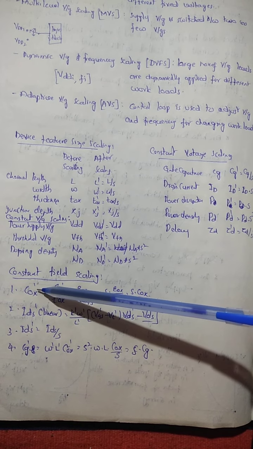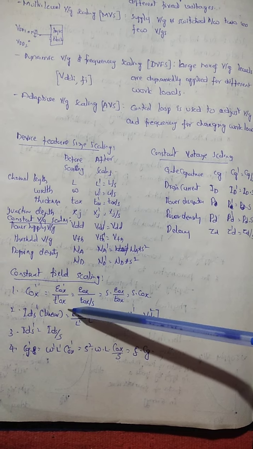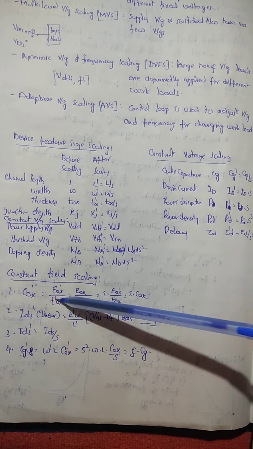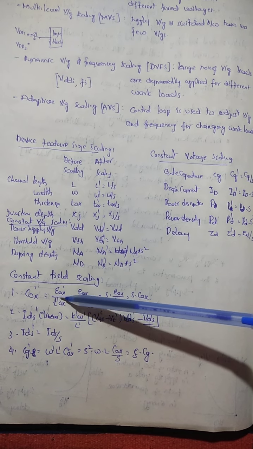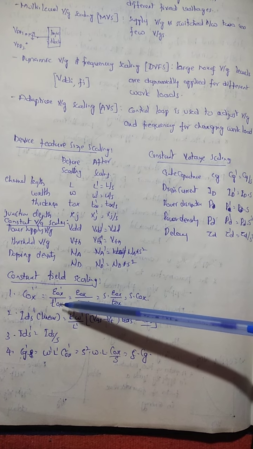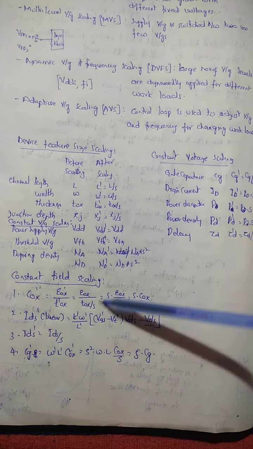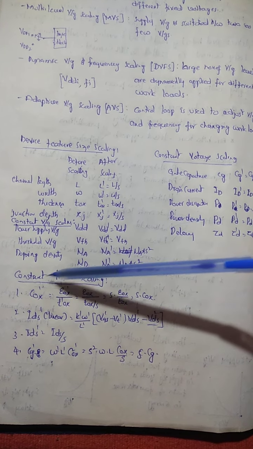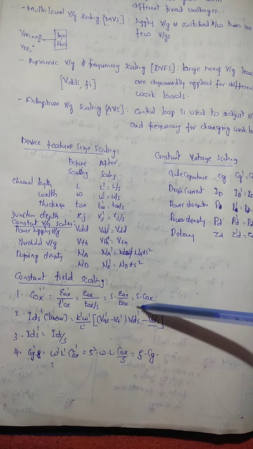After scaling, the oxide capacitance COX is the permittivity EOX divided by the thickness. Permittivity is always constant, whereas the thickness changes. The thickness here is TOX divided by S, so the oxide capacitance increases by a factor of S.